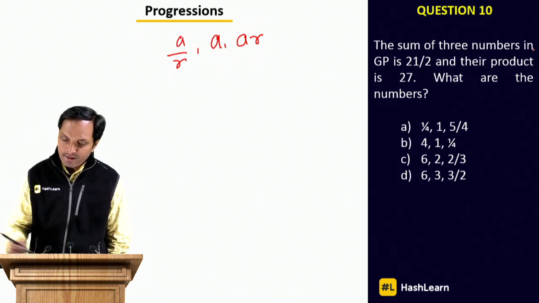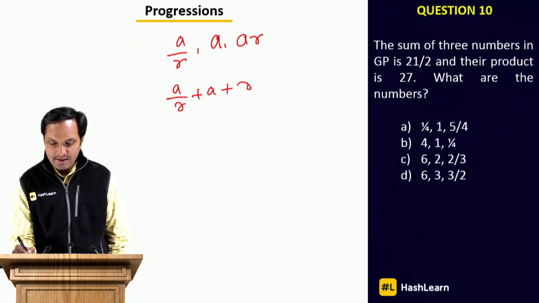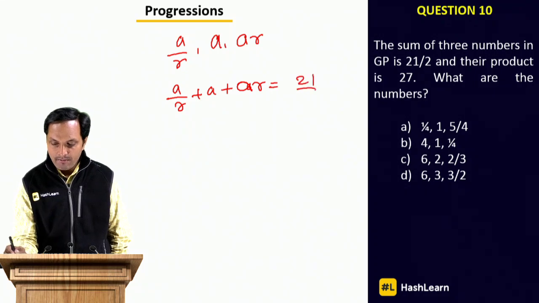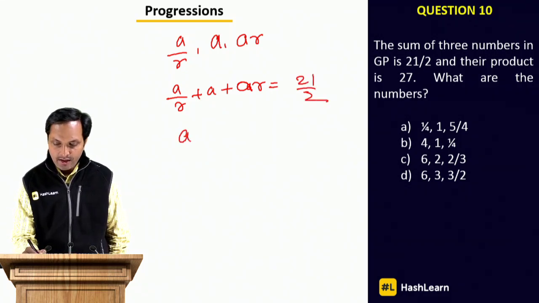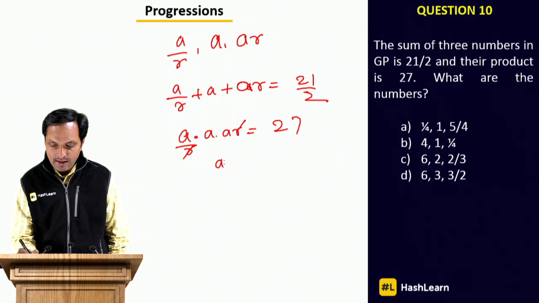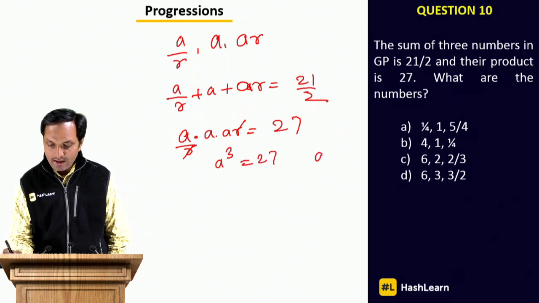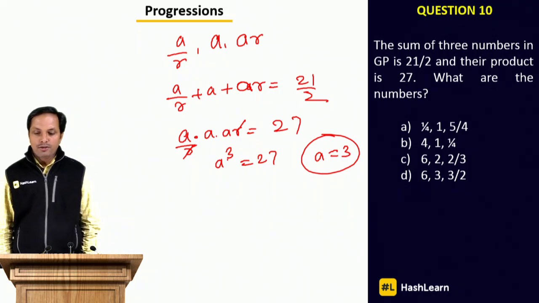The sum of three numbers is 21 by 2: a by r plus a plus ar is 21 by 2, and product a by r, a, ar is 27. You know that r cancels. A cube is 27. A will be 3. You need to find what are those numbers.